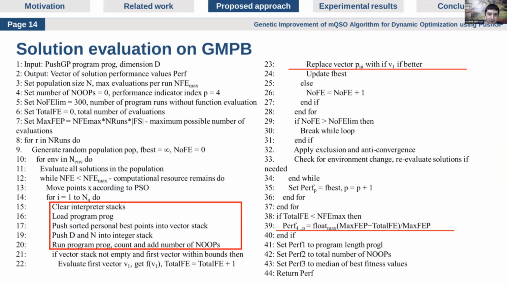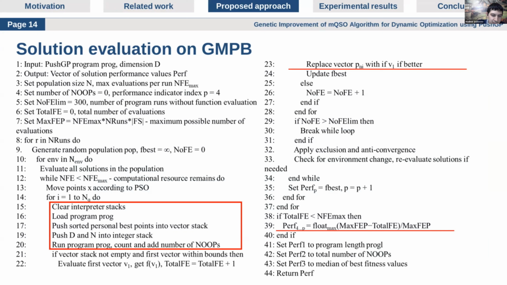So here on this slide, it's a lot of text, I know, but this is how the solution evaluation in PushGP works. Actually, it runs an mQSO algorithm inside genetic programming just to evaluate one solution, and solution is a local search heuristic.